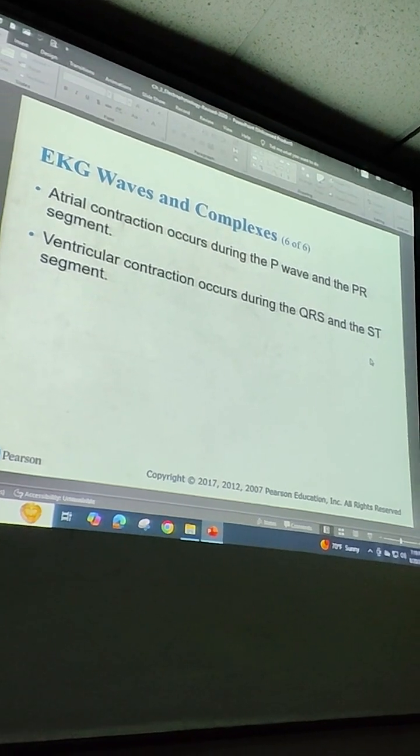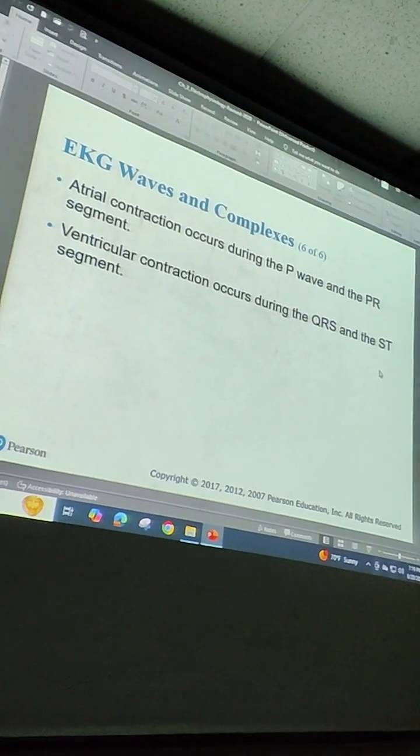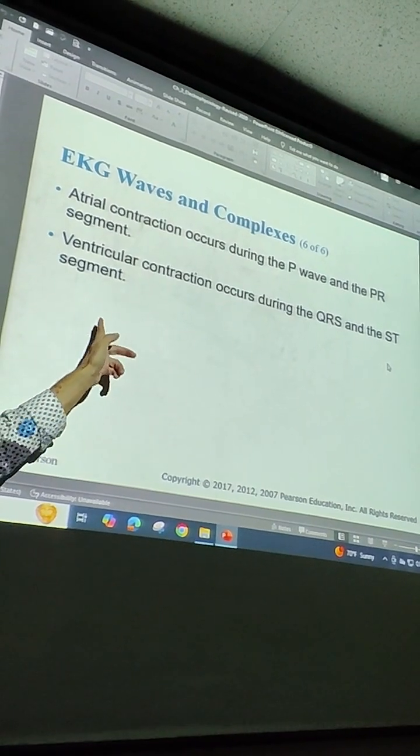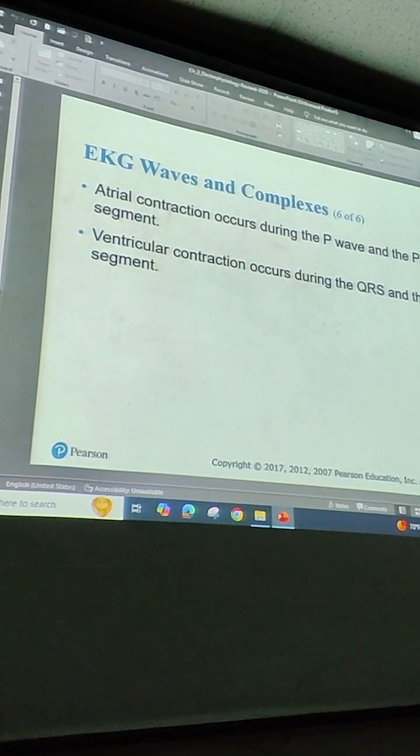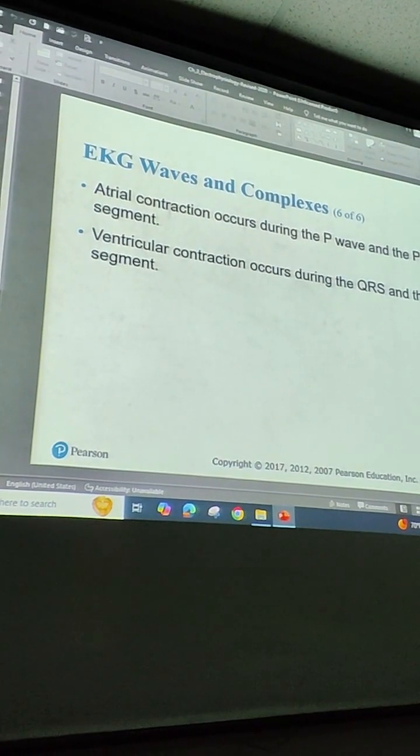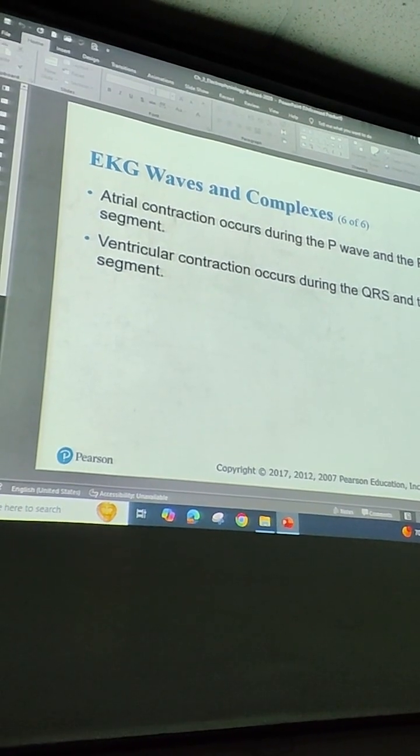Yes? Say that again. If I ask what it is, then the P wave or the T wave is not included in this segment. It's not included because the P wave has nothing to do with contraction.